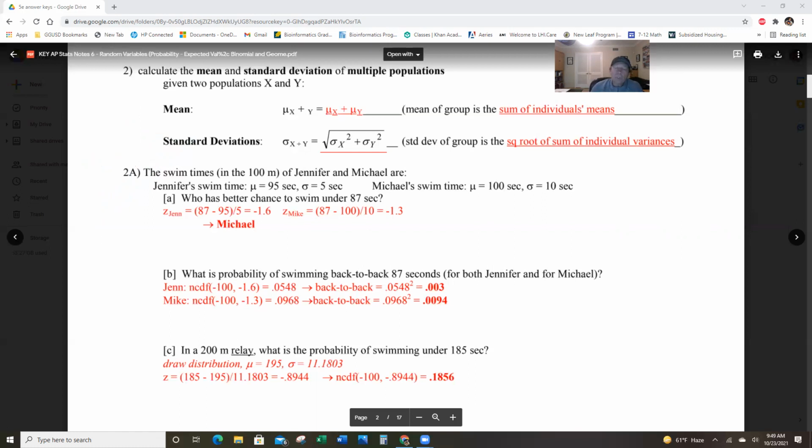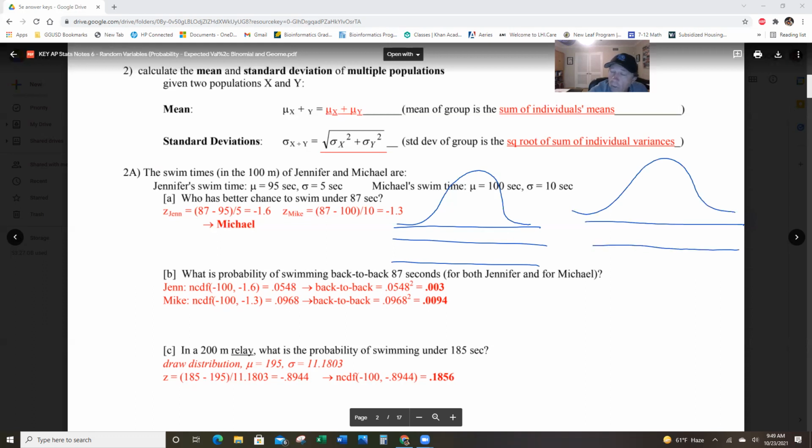So what you're going to do in this case is draw 2 normal curves. And I would highly suggest you do this. Remember, we've done this a lot. Raw score, z-score, percentile. We've done this a ton, and I've been coaching you to draw this type of map here. Okay, so here's Jennifer. She's at 95.